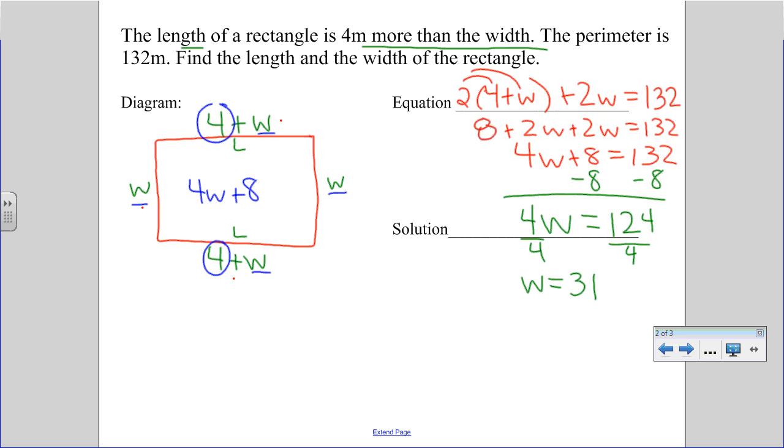And we are looking at meters. So the width is 31 meters. Notice I'm going to go back and look and see what they told me to do. They told me to find length and width. So I need to have what L equals. L is 4 more than W. So length is 35 meters.